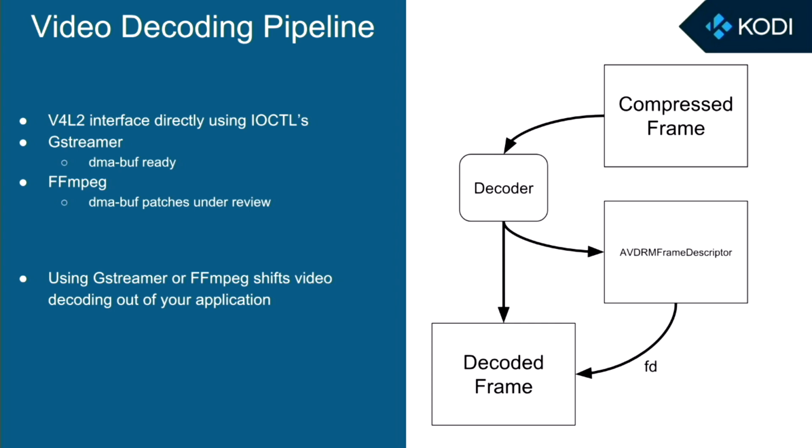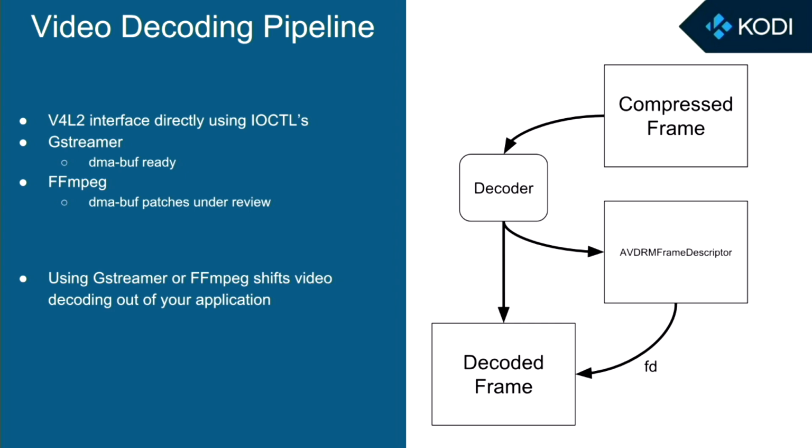So what happens here in very basic terms is that we have our compressed video frame and push it through the decoder, and in FFmpeg we then request from V4L2 to export that buffer, and it just hands us a file descriptor.